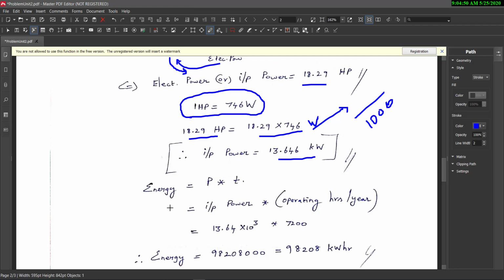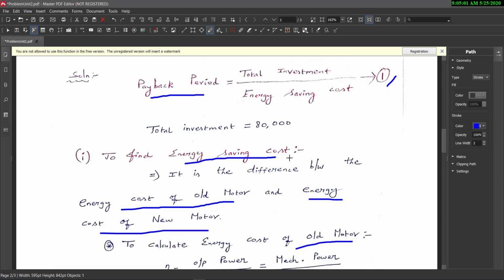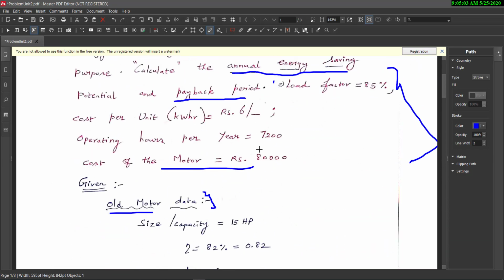Here we have to find the energy so that we can calculate the cost per unit. Energy is equal to power into time, that is input power into operating hours per year. Operating hours is given, 7,200 hours per year.